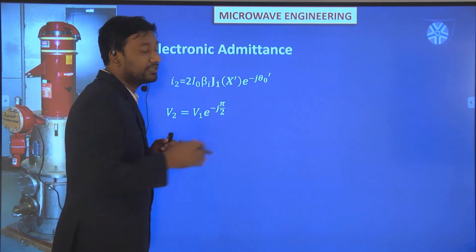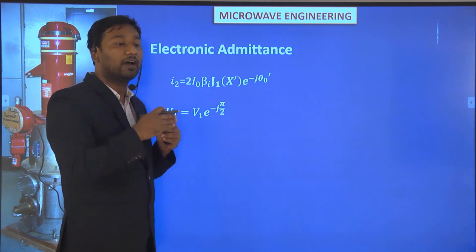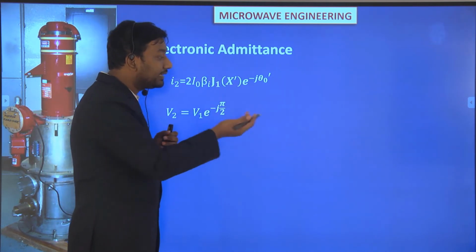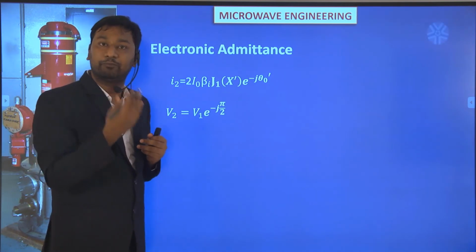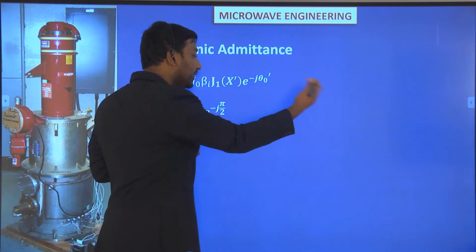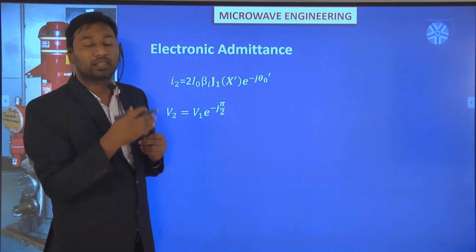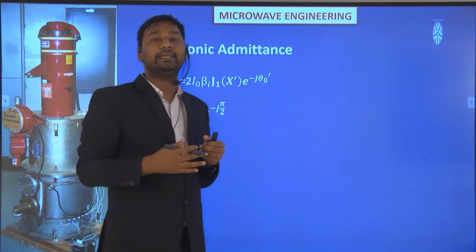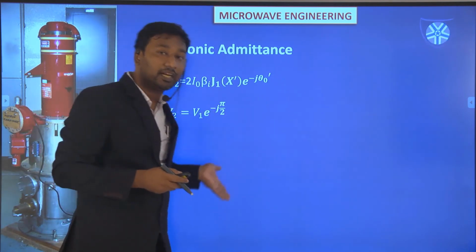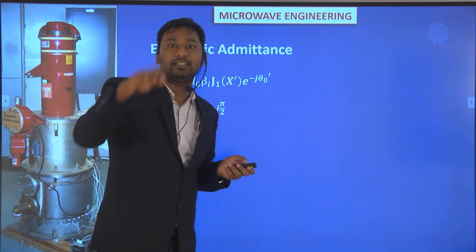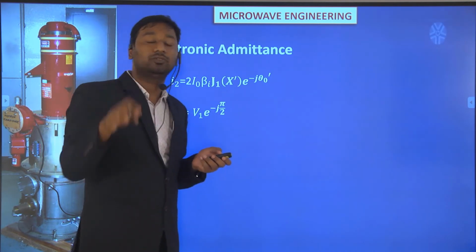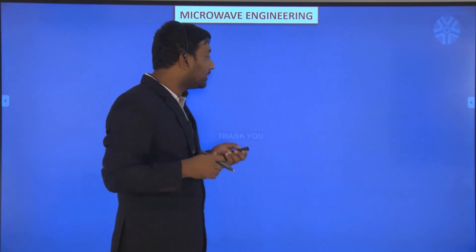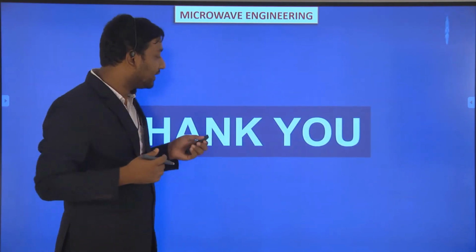Here reflection action takes place: the same electron after passing through the cavity is velocity modulated, its velocity increases, decreases, or stays the same. But due to the repeller voltage it comes back to the same cavity, and the kinetic energy is converted into electromagnetic energy, and oscillation takes place. So this is the overall content of this lecture, the reflex klystron oscillator.